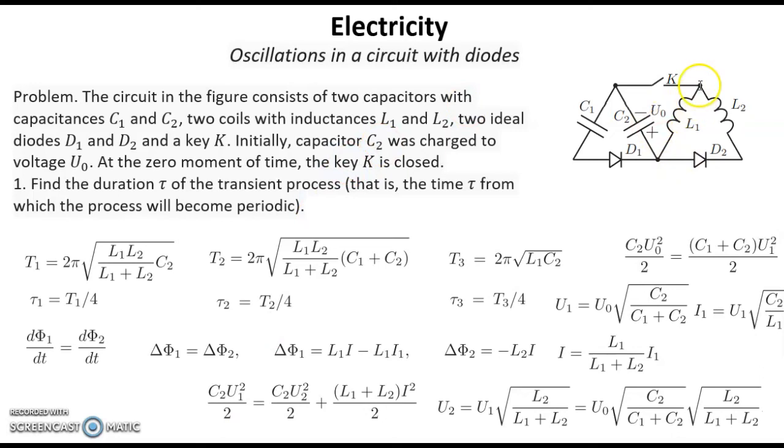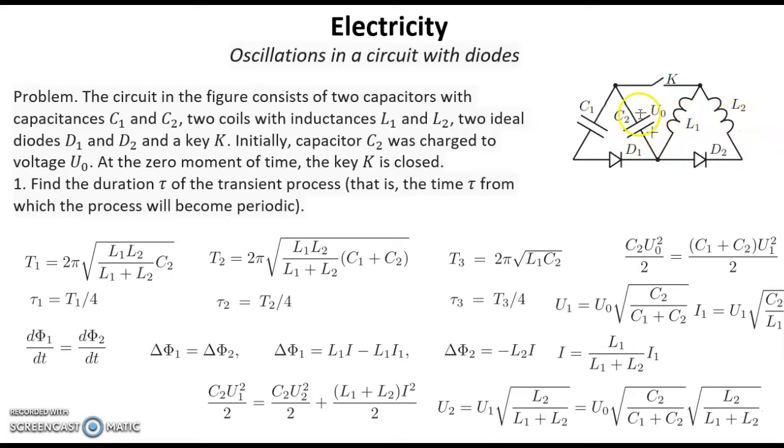So first we have full current through L1, which is charging this capacitor and splitting to this coil. So this current is decreasing, this current is increasing, and this charge is increasing till the moment when these two currents are equal.